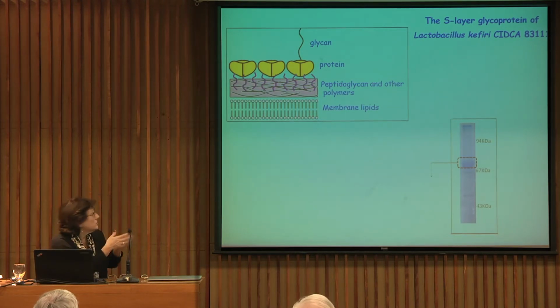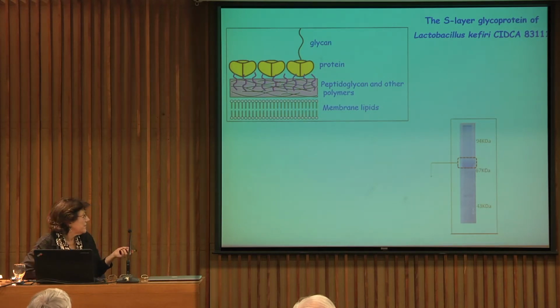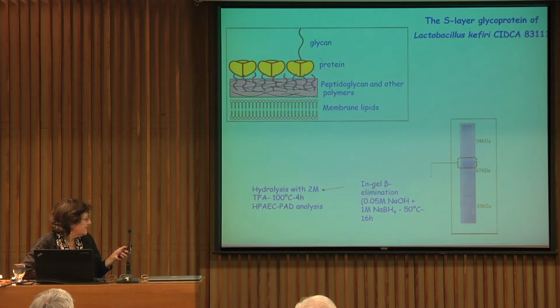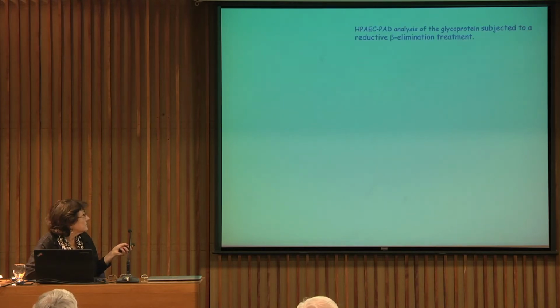I'm going to show you another S-layer glycoprotein. This work was with Lactobacillus kefiri, but in this case another approach was performed. Lactobacillus is known to have O-glycosidic chains, and so we took the gel band and performed a reductive beta elimination treatment in order to release the O-glycosidic chains. These O-glycosidic chains were hydrolyzed and analyzed by anion exchange chromatography.